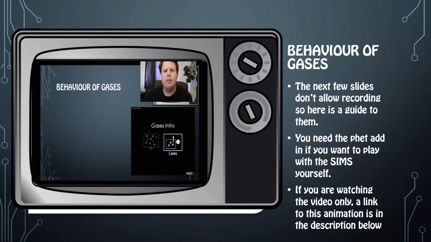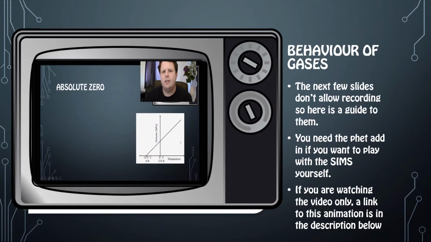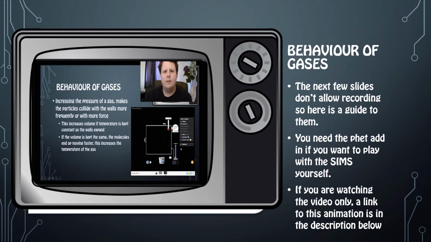Okay, and then our third one then. Now this demonstration isn't very useful for pressure, but you can use the same reasoning as if we change pressure. So if we increase the pressure of a gas, this makes the particles collide with the walls more frequently.